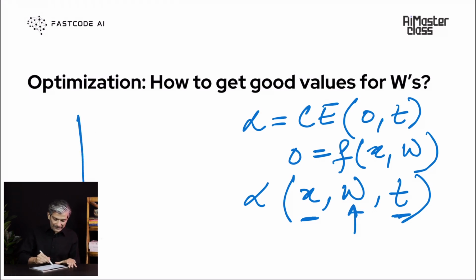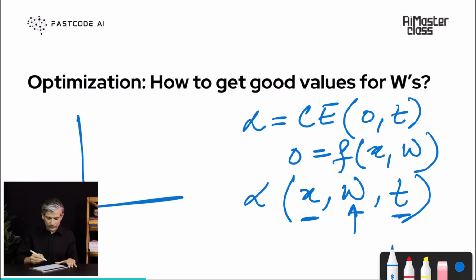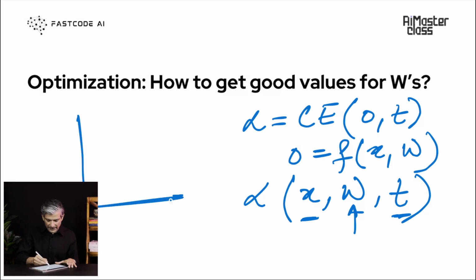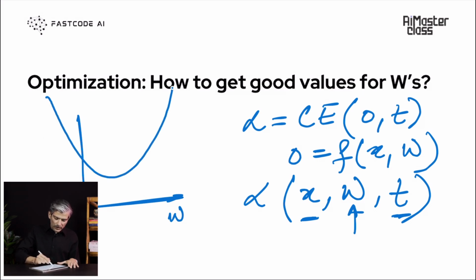But now we want to find what are good values for W. Let's think of a single value for W. Let's imagine on the x-axis we have just one parameter W, a scalar. Usually this is not the case, but this is to explain. Now let's think of our loss looking something like this. Again, loss will look very different, but let's suppose it's a very nice looking convex function.